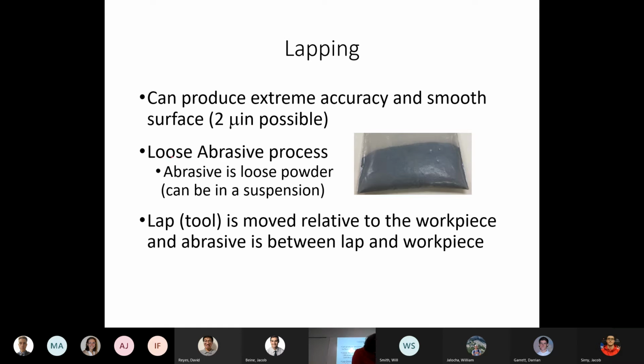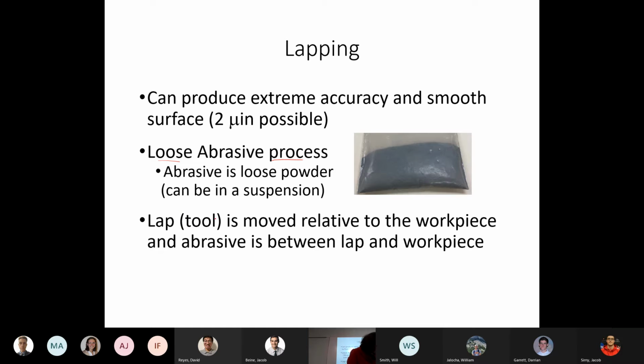Now, here, the abrasive is a loose powder. Sometimes we might put it in a suspension, so sometimes we might have it in a liquid. Sometimes it is just the powder itself.